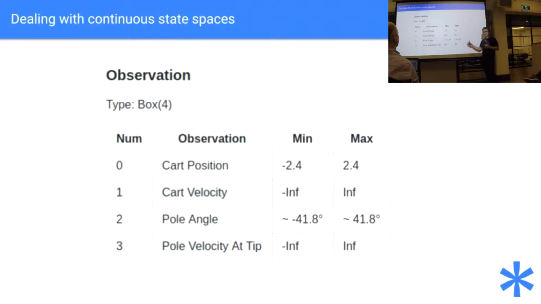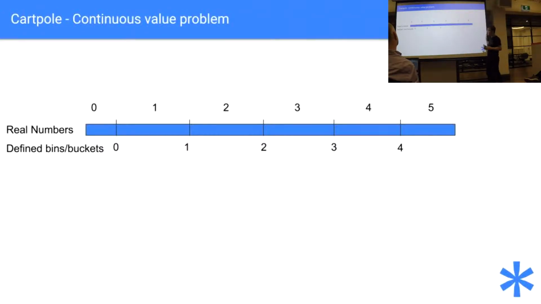So the idea is, even though we're getting readings back that are continuous, we're going to put them into buckets or bins and work with that as our state space. So let's say we define our bins between 0 and 4, we want a discrete set of states, and we've specified about 6 bins, and each boundary is at 0, 1, 2, 3, and 4.